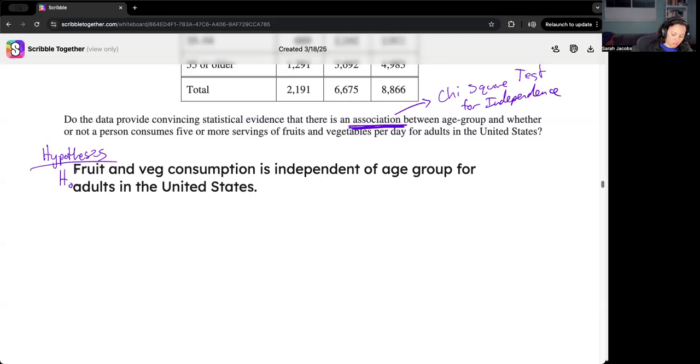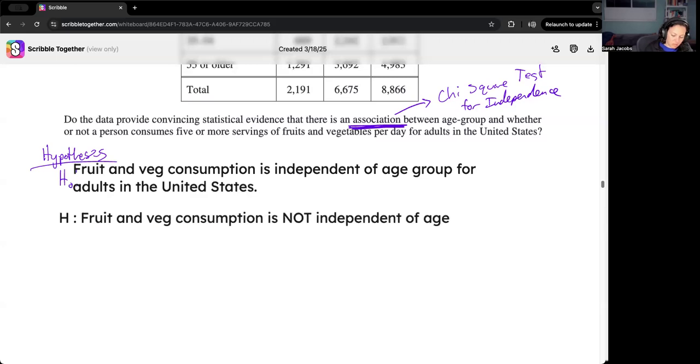can I make this smaller? Whatever. Our alternative hypothesis is that it's not independent. So alternative, I'll add the A later, is that fruit and veg consumption is not independent of age group for adults in the United States.